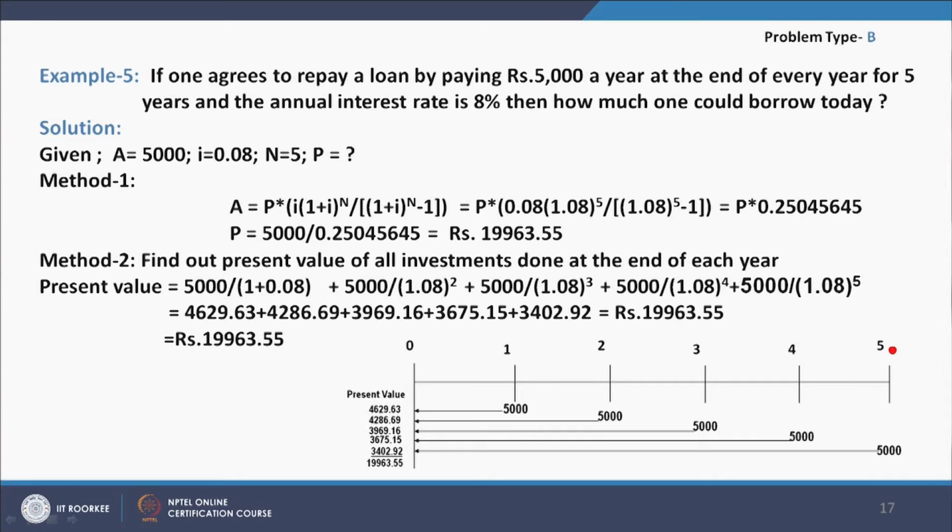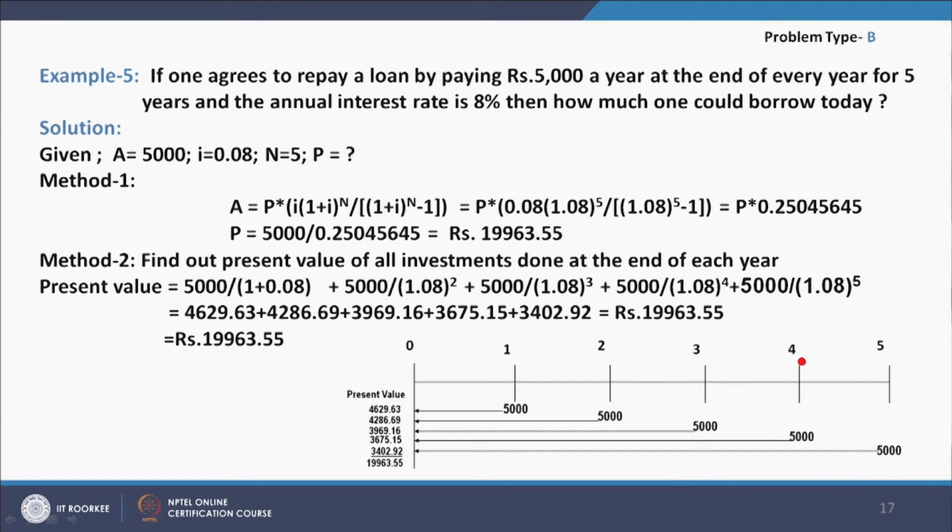When I find out the present value of the 5,000 invested at the end of the fifth year, this is 5,000 divided by 1.08 to the power 5, where 1.08 is equal to 1 plus I divided by 100. This generates a present value of 3402.92.